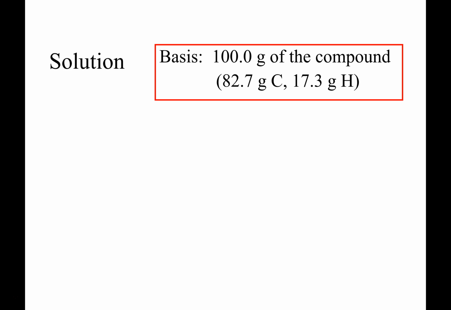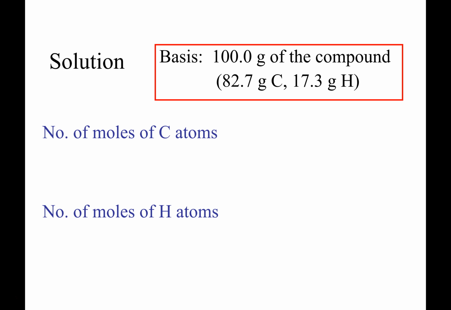Then, based upon their weight percents, I can just put their masses on my little table: 82.7 grams for carbon and 17.3 grams for hydrogen. The other thing about tables is it keeps my stuff organized. So what I did before was to come up with the relative moles.